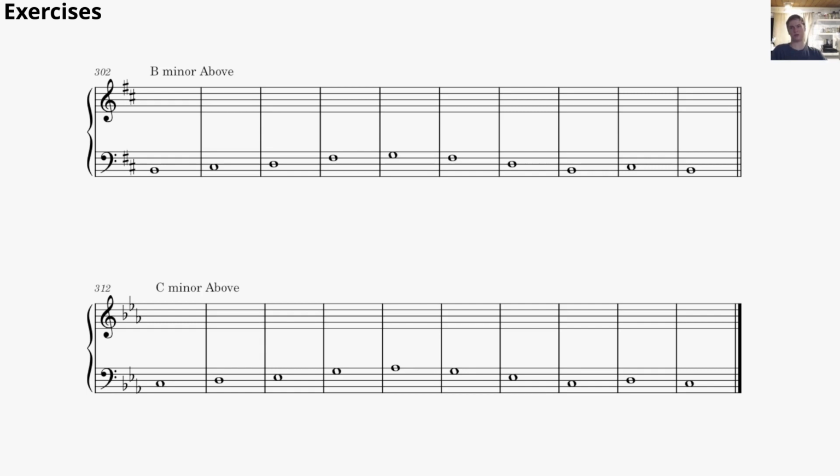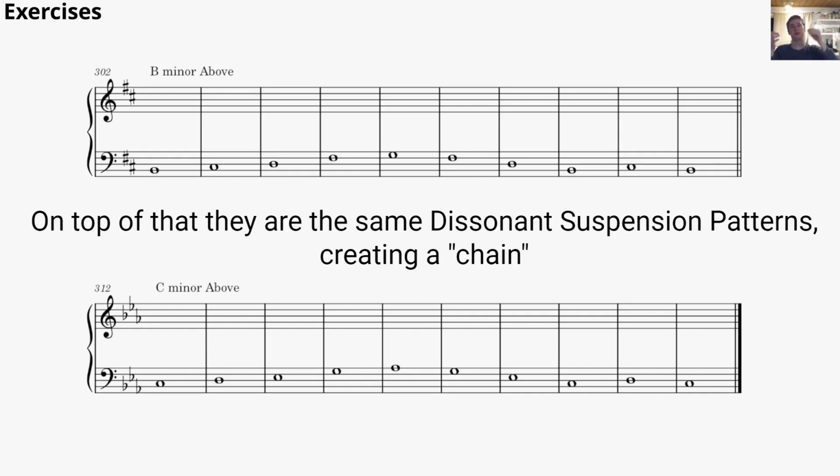Okay, so the last thing that I'd want to mention is that you might want to use method 1 and 2 to compose these and see how they turn out, listen to them, and see which one you think might be better. Because some people advocate to try to create a chain of dissonances where the resolution of one dissonant interval is just the preparation of another dissonant interval.